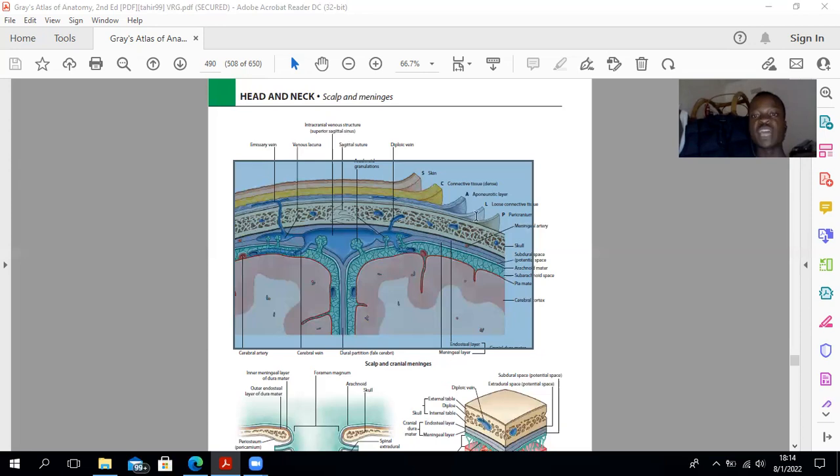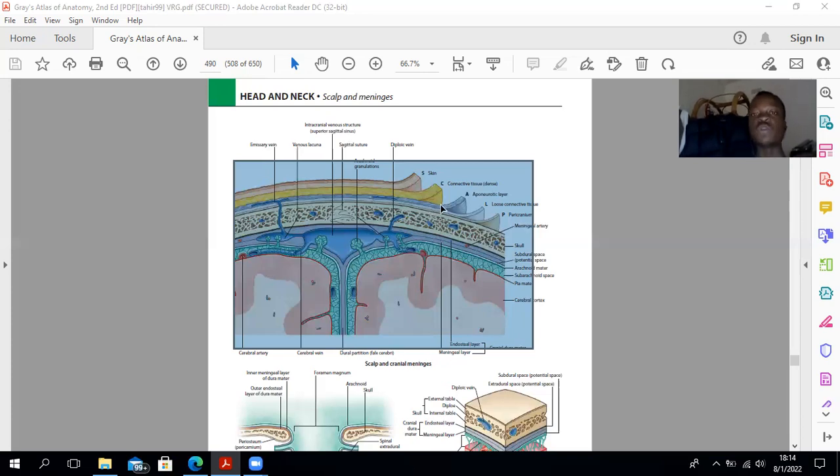Then you have the loose areolar tissue. This is going to be the dangerous layer of the scalp, and you can have collection of blood within this layer. And if you look at the occipitofrontalis muscle, posteriorly it is attached to bone, laterally to bone, and anteriorly it does originate from the skin that overlies the eyelids.